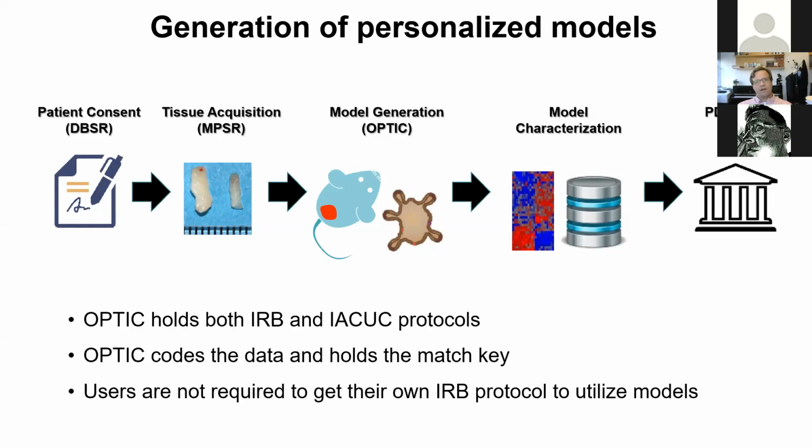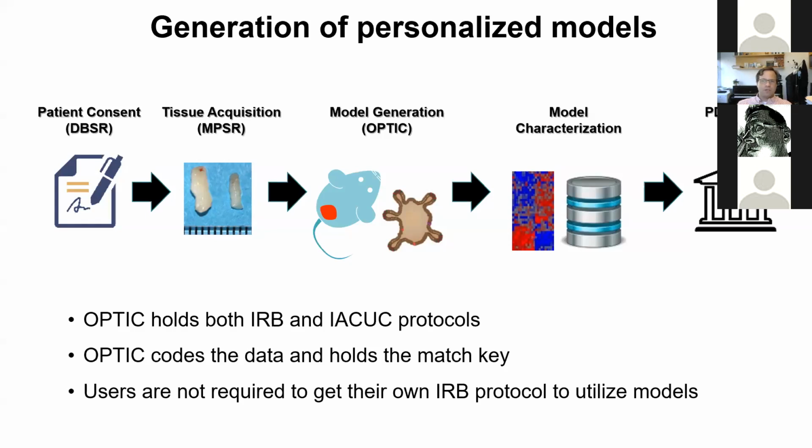And then, once they hand off the tissue to our team, we can help make a variety of different types of models. That could be generating a cell line, organoids, or a patient-derived xenograft. We are also in the process of building a models bank. We would do some characterization of the models and collate all of the clinical data in a de-identified way, coded so that our core facility can link back to the original data set if necessary.